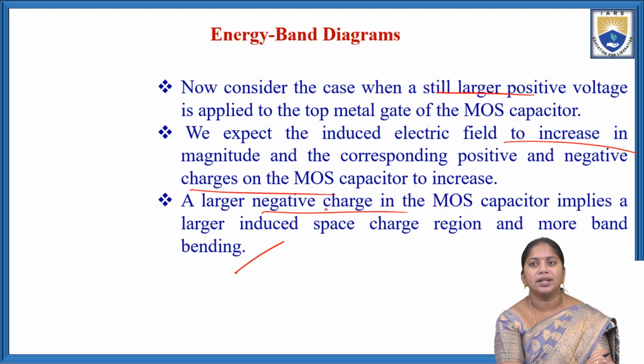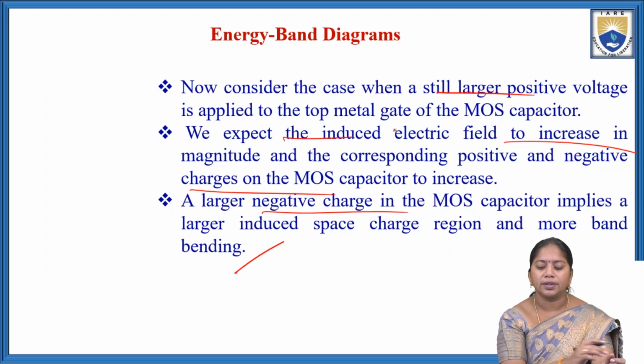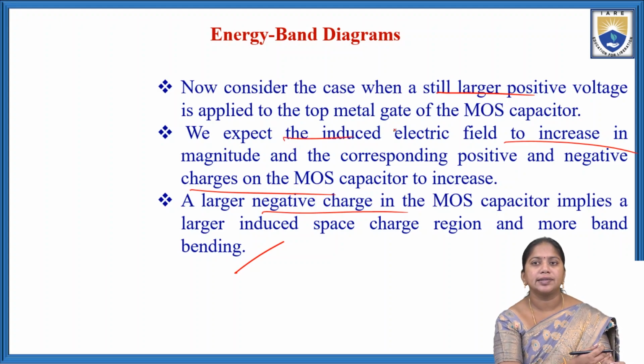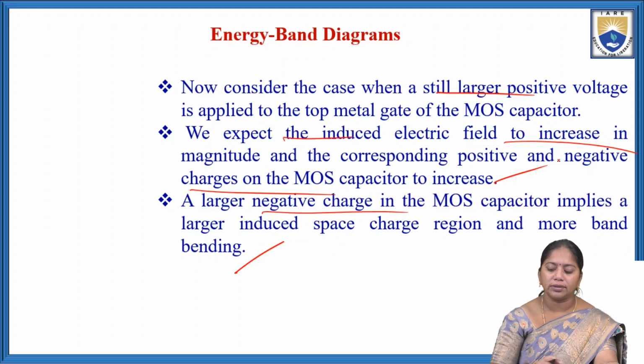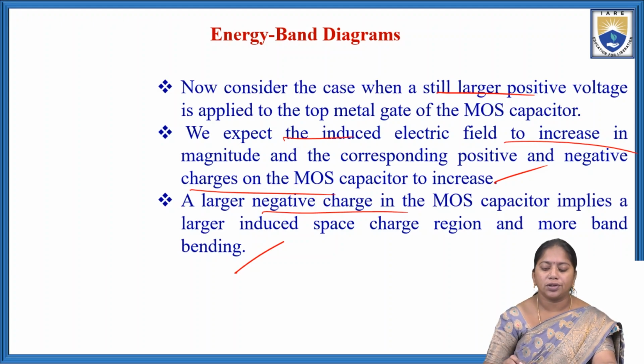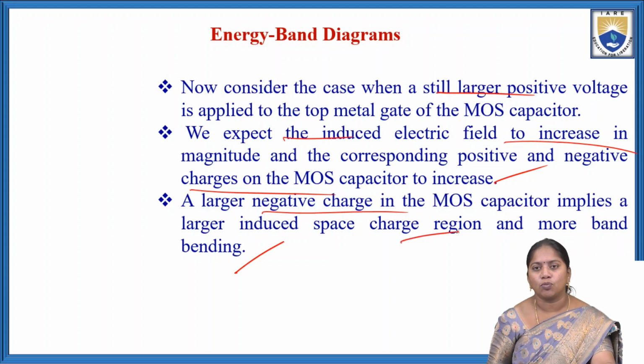So now we are considering the case when a still larger positive voltage is applied to the top metal gate electrode. The induced electric field increases in magnitude, and the corresponding positive and negative charges on the MOS capacitor increase. A larger negative charge implies a larger induced space charge region and more band bending.